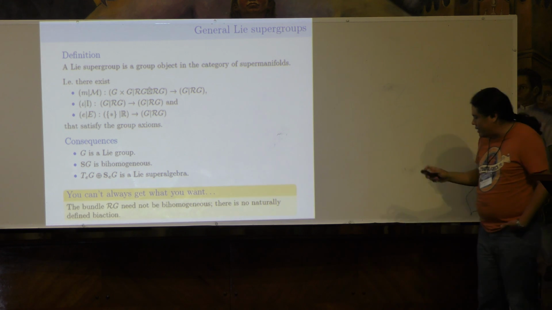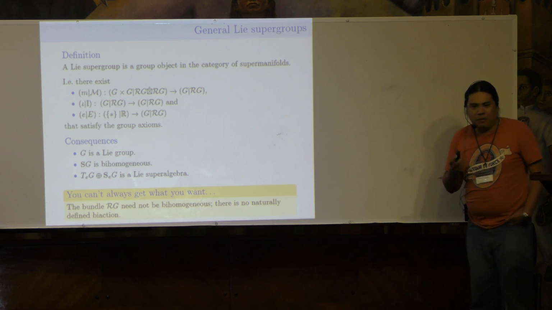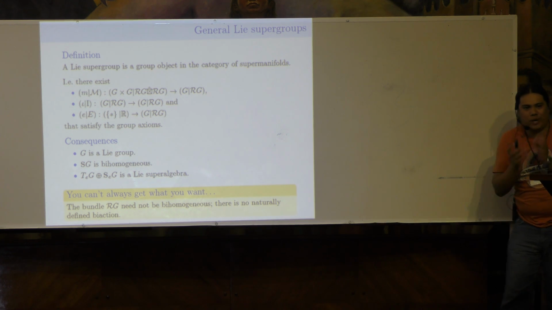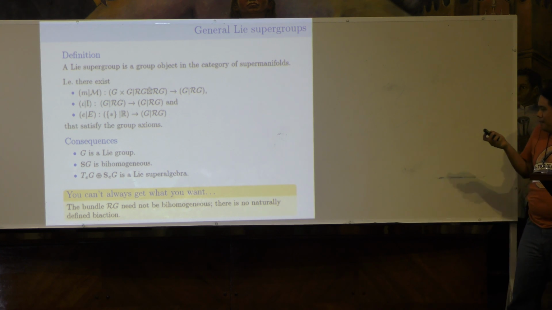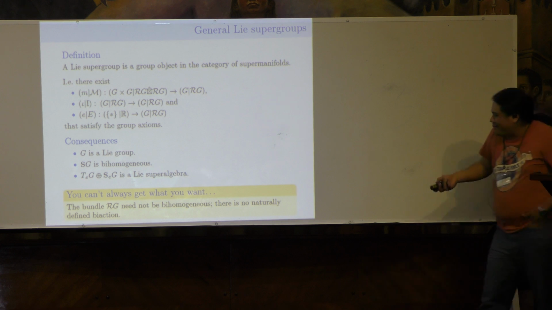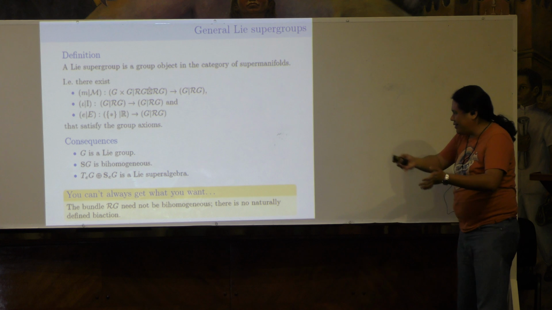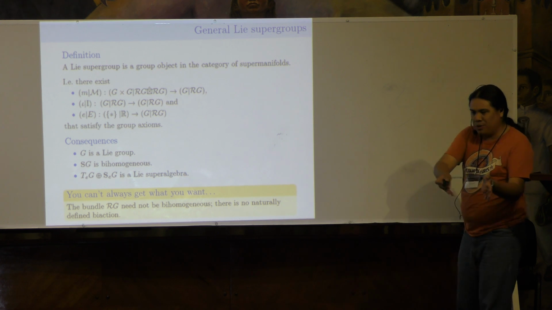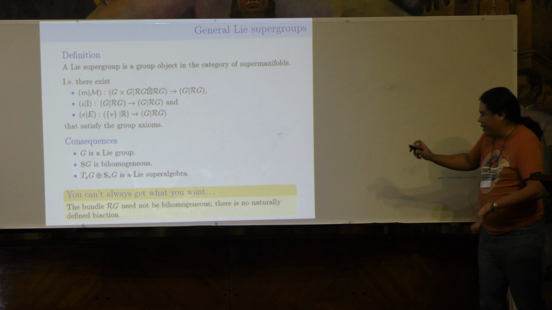But the problem is that the bundle RG is not necessarily B homogeneous. There is no straightforward way of defining a B action, which is kind of regretful because in the split category, we could write down a dictionary between supergroups and representations of the group. And in this case, we can't, well, not naturally at least.